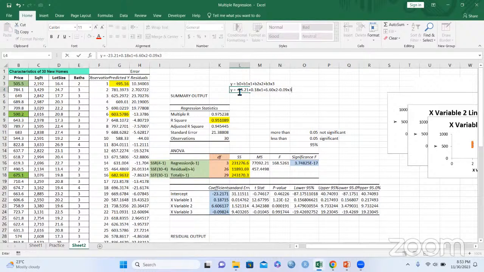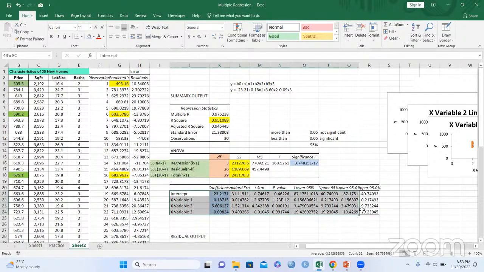Okay, I've taken plus and minus because the values are here. This is a minus value, this is a plus value, this is a plus value, this is a minus value. Okay, among these 4, which are significant, which are not significant?